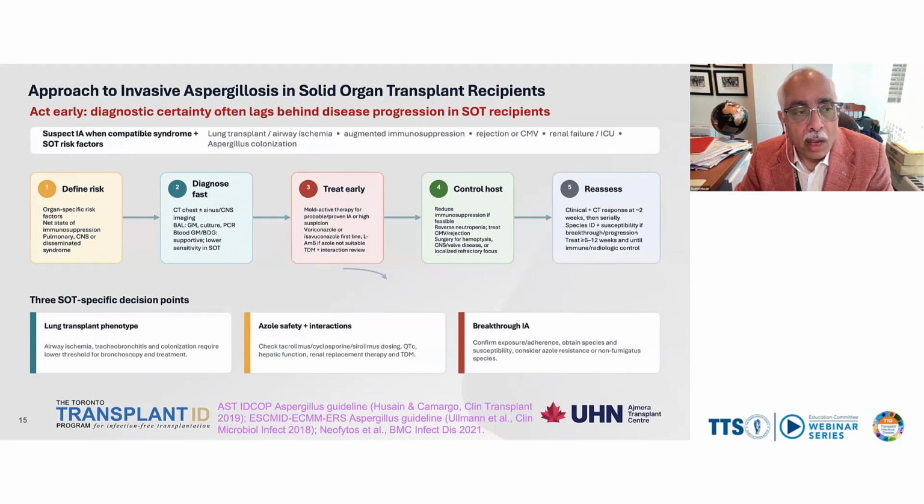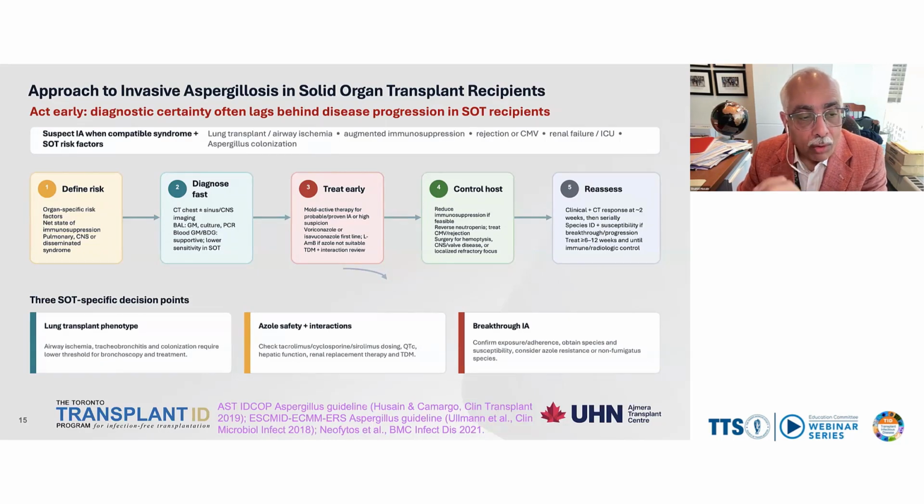The approach that I take is define the risk, diagnose fast, and treat early. And control the host, in terms of immunosuppression or other risk factors that may predispose, such as CMV infection, and then reassess with CT at specific intervals.